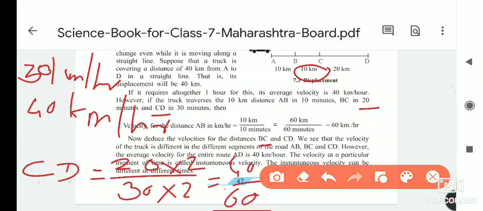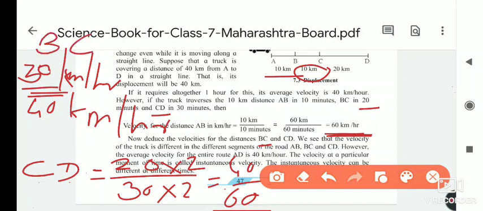Okay, now if you see here, you will notice that the velocity changes from place to place. At AB, the velocity is 60 kilometer per hour. At BC, the velocity is 30 kilometer per hour, and at CD, the velocity is 40 kilometer per hour.